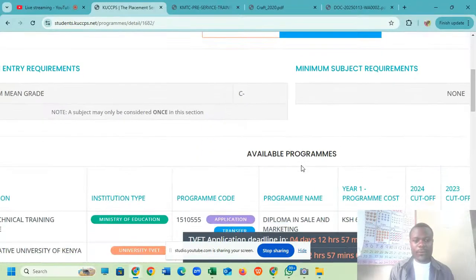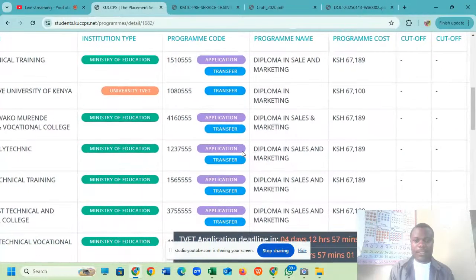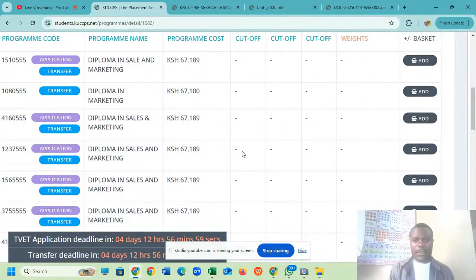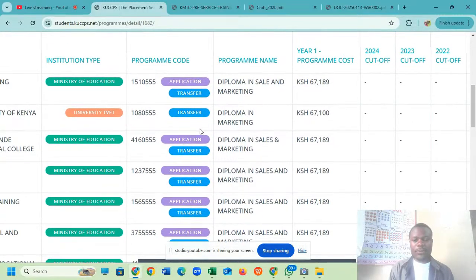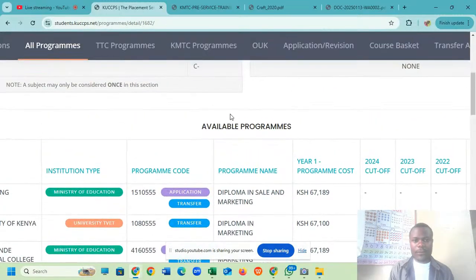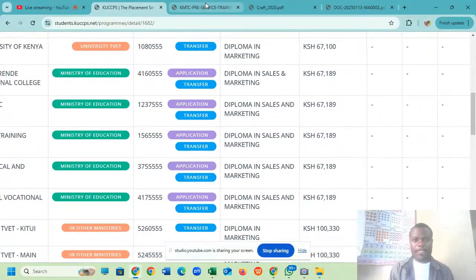So for you to apply for a diploma in marketing, you are supposed to have a minimum grade of C minus, and there are no cut-off points. As long as you have a C minus or C plain, you'll be able to apply for any diploma courses.